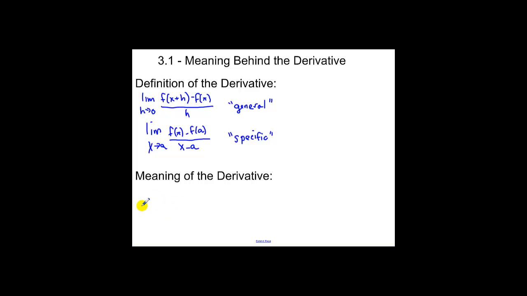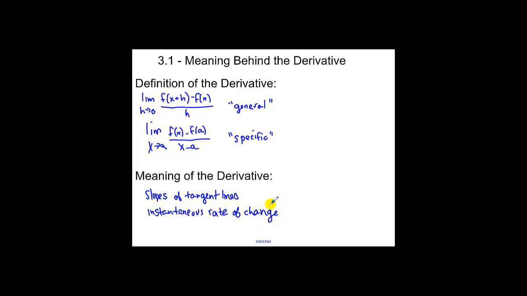But remember, the meaning behind the derivative, because these were limits, was the slope of the tangent lines, or the instantaneous rate of change.